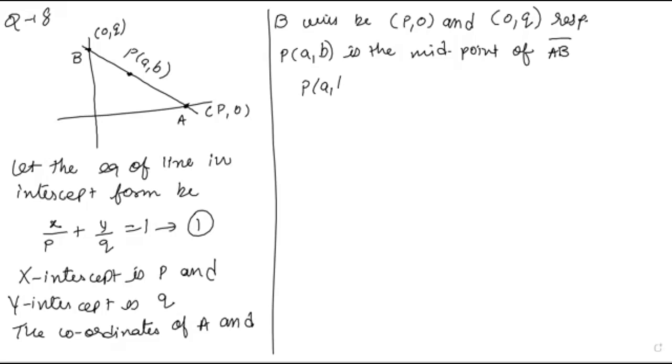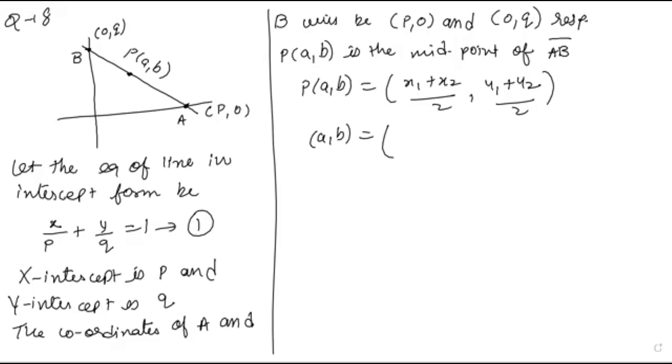So (a, b) can be written as (x1 plus x2 by 2, y1 plus y2 by 2). This is your midpoint here: (p plus 0 by 2) and (0 plus q by 2).